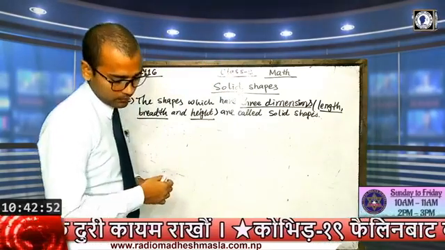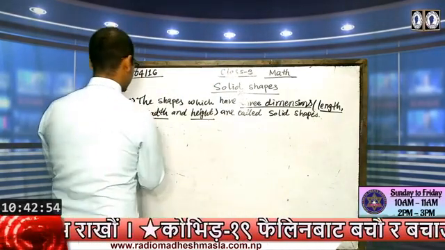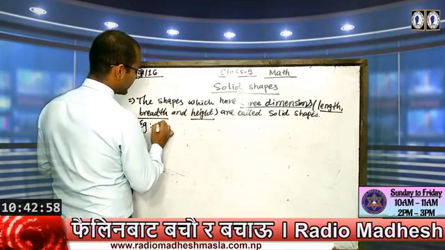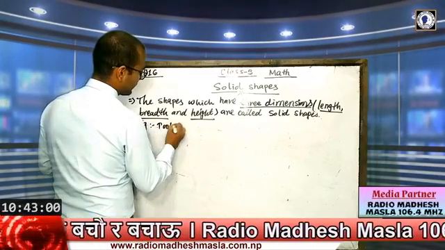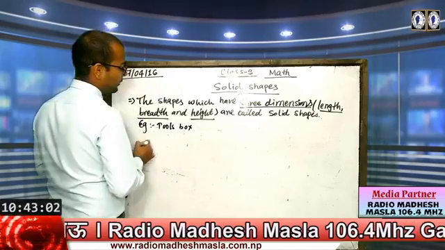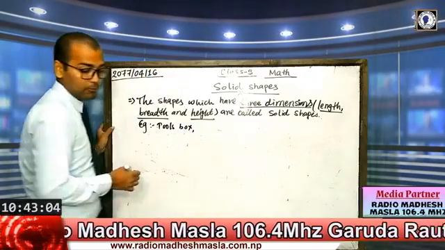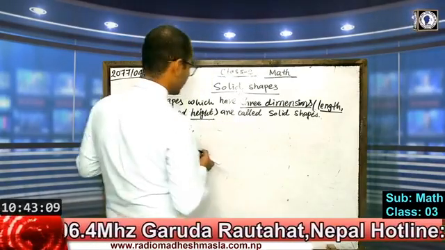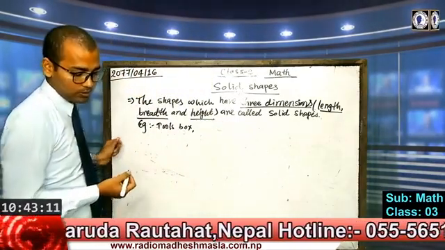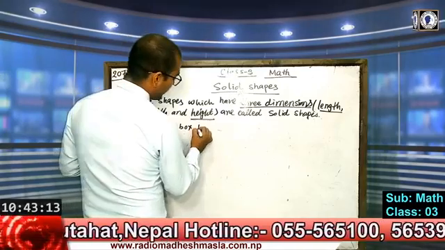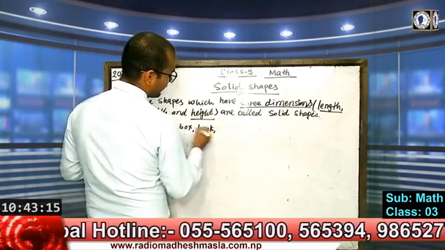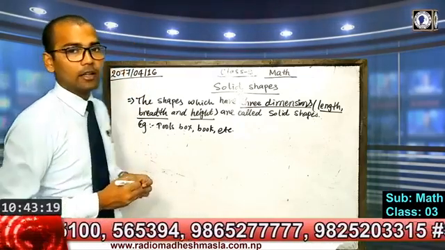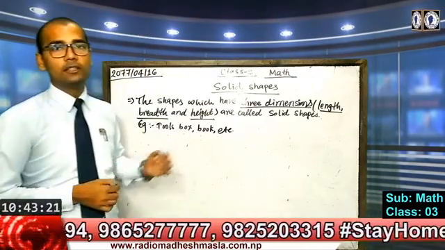For example, you have a geometry box, that means a tools box or instrument box. In the same way, a block of wood, your books, etc. These are the examples of solid shapes.